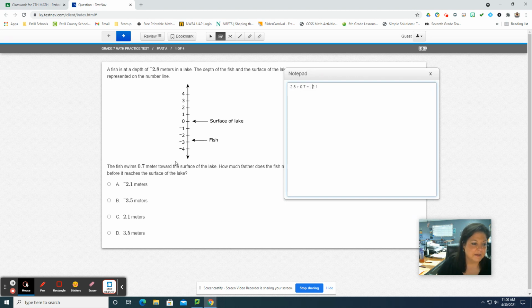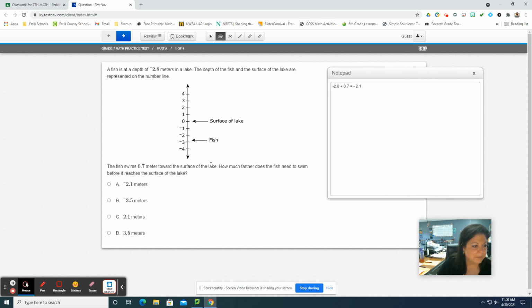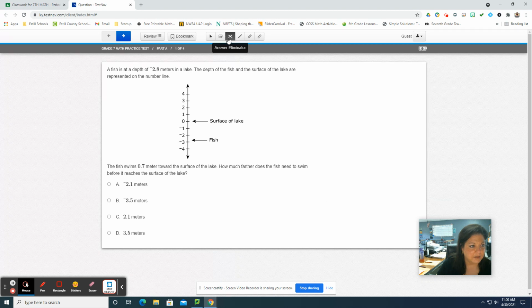Okay. Now I look down here and I'm going to reread the question, and it says, how much further does the fish need to swim before it reaches the surface? So if the fish is hanging out at -2.1 meters, which is right about here, and it needs to swim up, I can use my answer eliminator because there are 2 2.1s. So I know it's not 3.5.